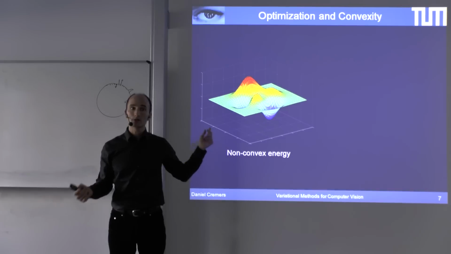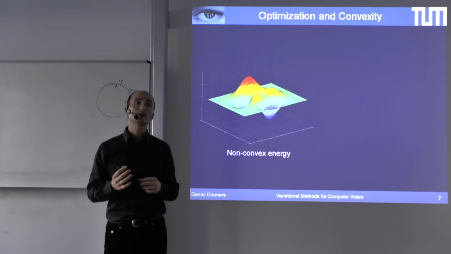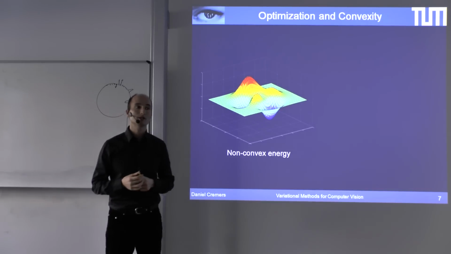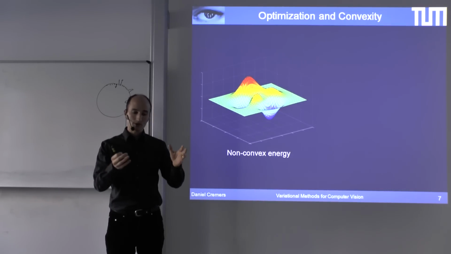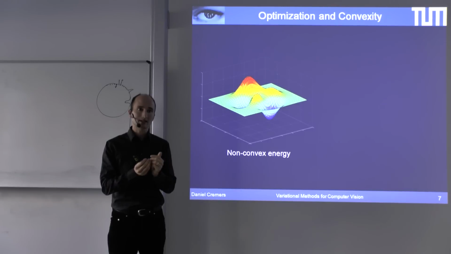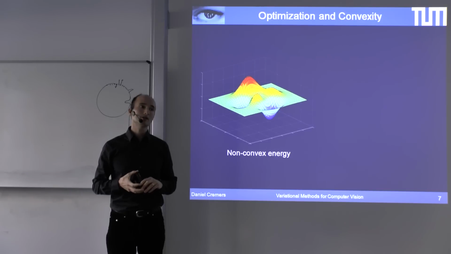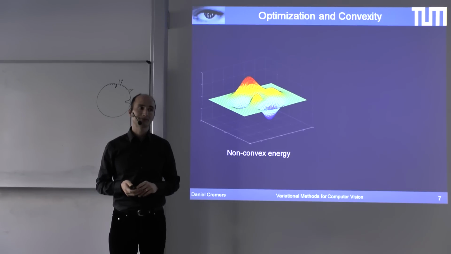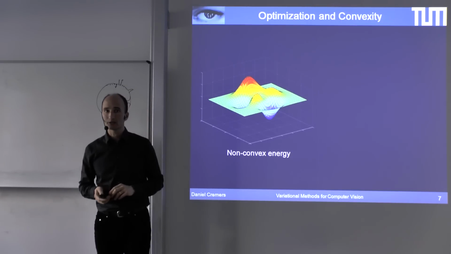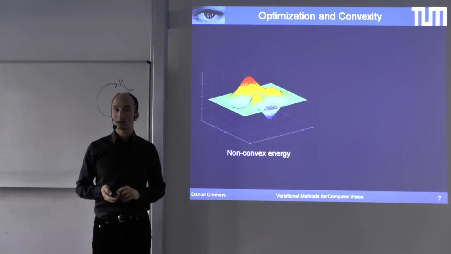And as I was arguing, surface reconstruction is a problem of infinite dimensions. In practice, of course, you tend to discretize things, and then dimensions are finite again. But still, the dimension will be very high in these problems. And if you have thousands of dimensions, you don't want to do a complete search, because the algorithm will not terminate in your lifetime.